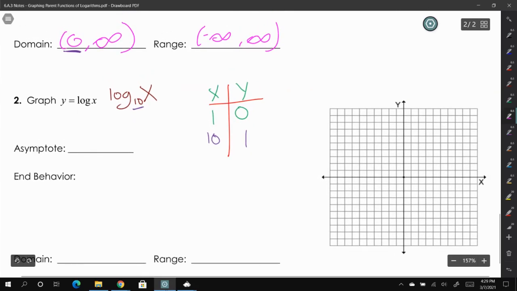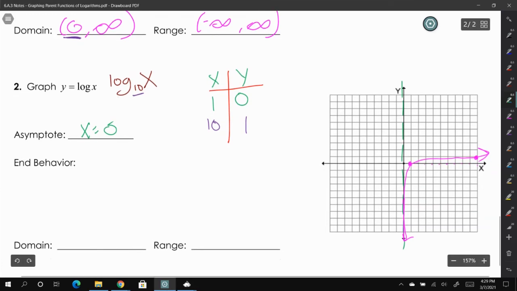So let's plot that. 1, 0, and 10, 1. And our asymptote is still going to be at x equals 0. So then our graph will look like this.